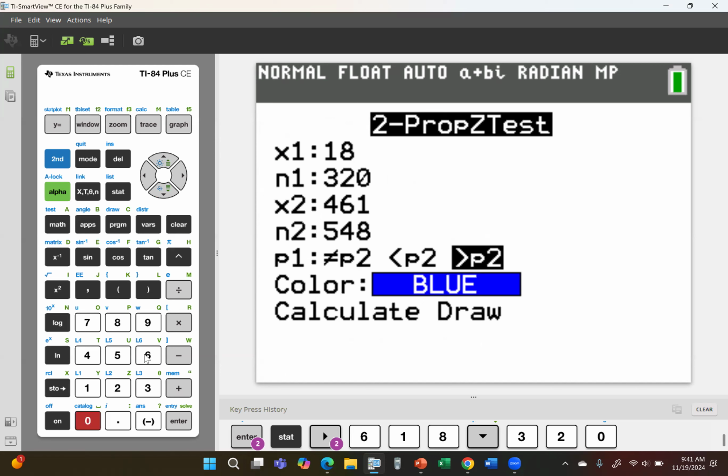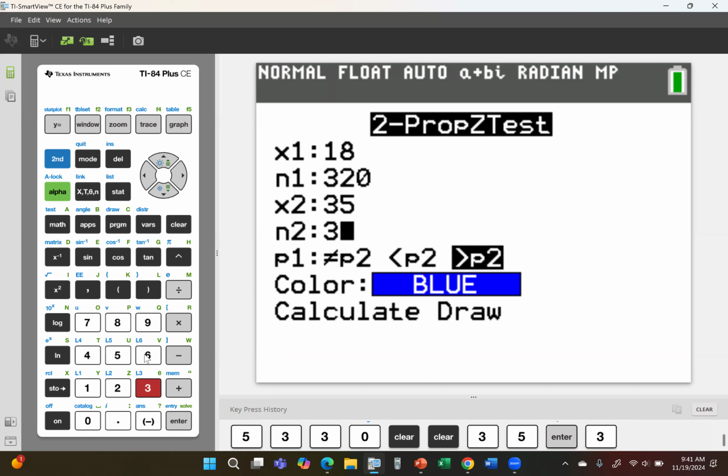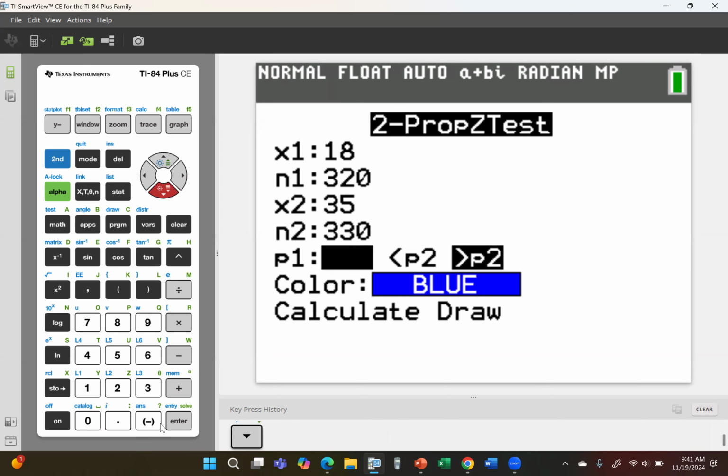And then Alaska was 35 out of how many? 330? Oops, it helps if you do it right. 35 out of 330. And we're going to be testing the alternative hypothesis of not equal to. So highlight that and then calculate.